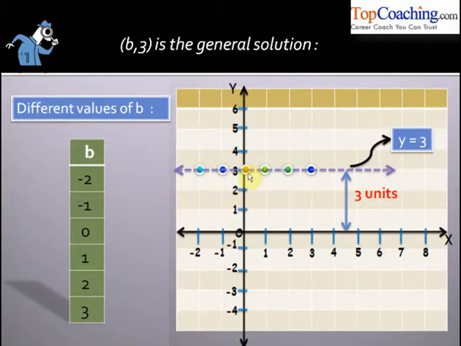Similarly, we can have a line parallel to the x-axis and at a distance of 3 units from it here below the x-axis, and the equation of this line would be y equal to minus 3 because now the y coordinate would be equal to minus 3. To sum up, we can say that y equal to 3 is a line that is parallel to the x-axis and at a distance of 3 units from it.